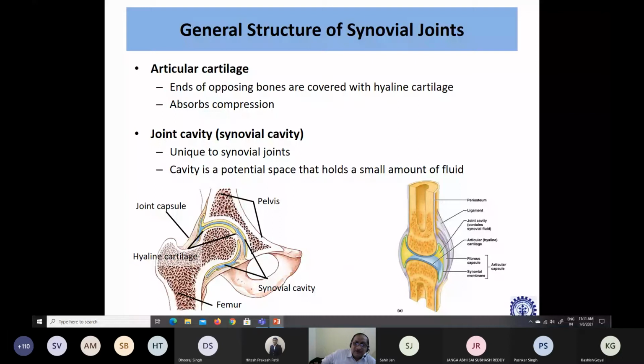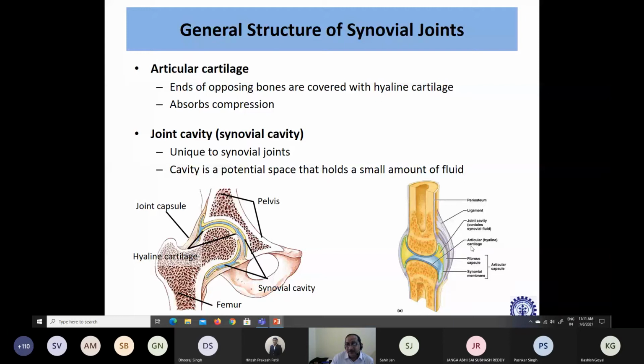Now, I would discuss the general structure of the synovial joints. So it has articular cartilages on the ends of the opposing bones. So you can see here in the figure that at these ends it has an articular cartilage. That's the blue one in the figure.